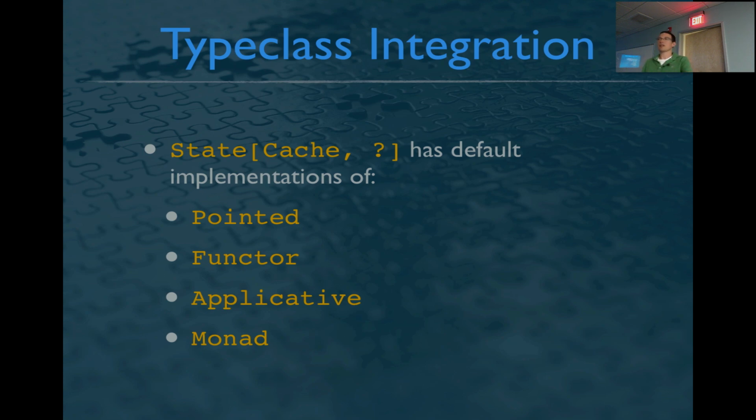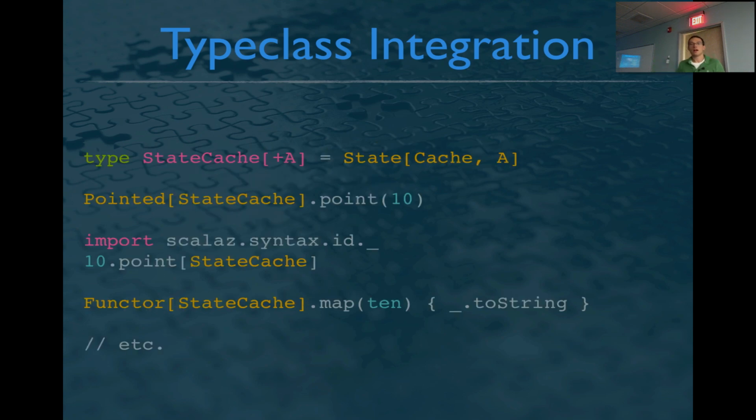I'm not going to prove that it's a monad, but it is. And so Scalaz's state type, when you fix the S type to a specific value, has integration with pointed, functor, applicative, monad. And I'm going to show you some examples of that.